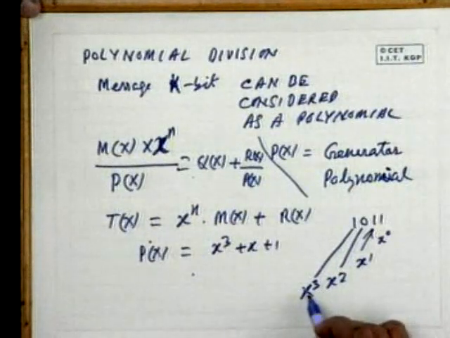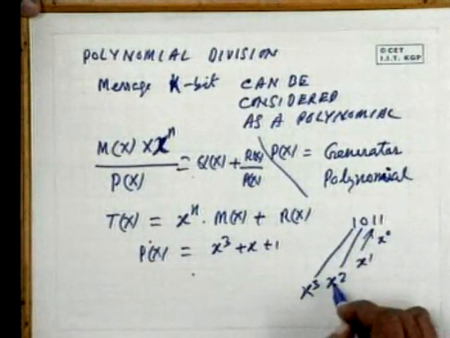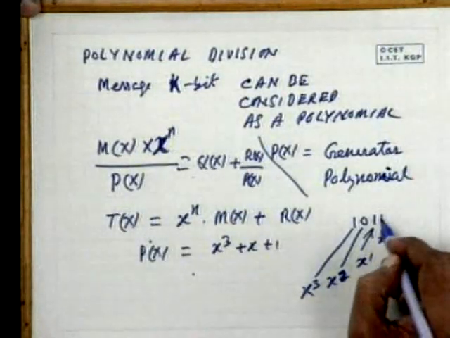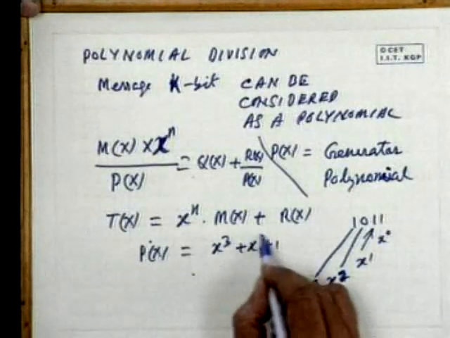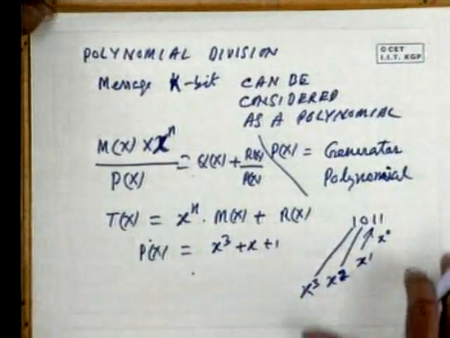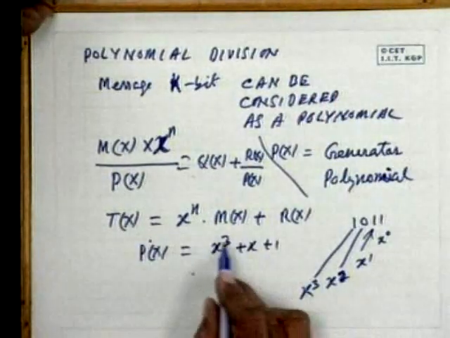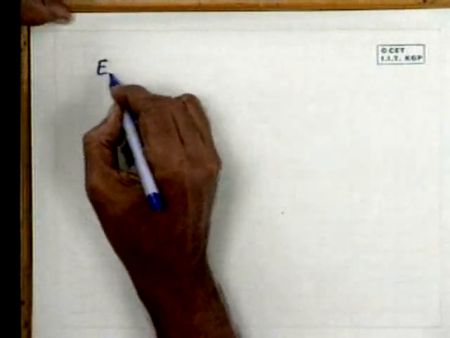That means x to the power 3 into 1 plus 0 into x to the power 2 plus 1 into x to the power 1 and 1 into x to the power 0. That's how we get Px. And the accuracy, the number of bit errors that can be detected, depends on the size of the generator polynomial Px, as we shall see. First of all, let us see the error coverage in general.